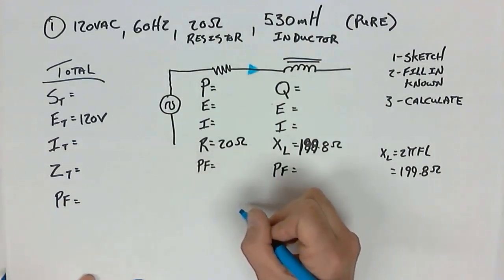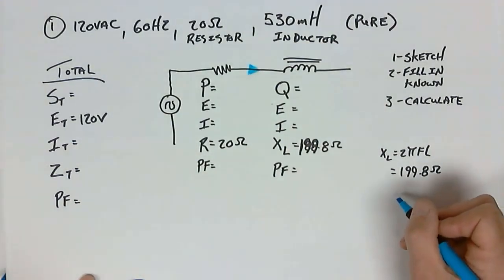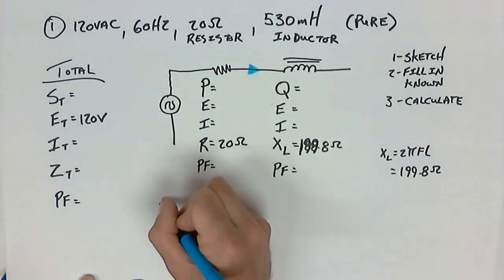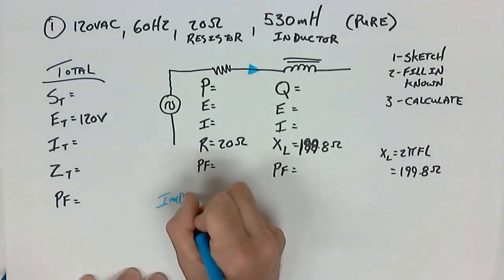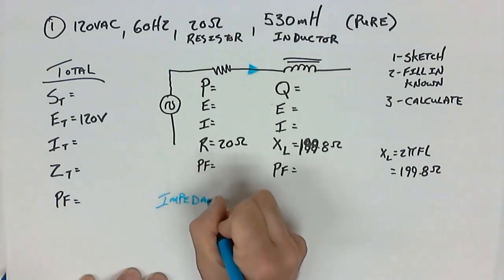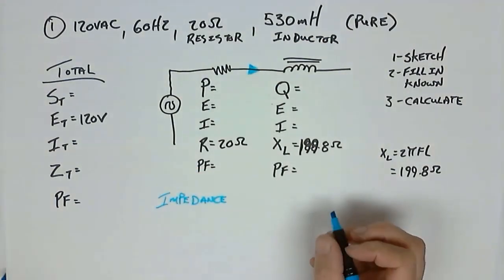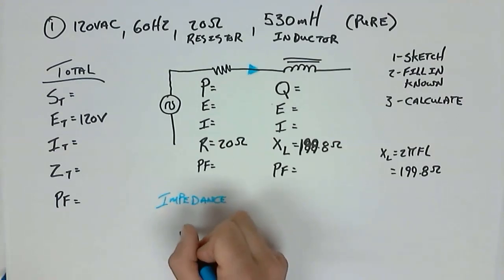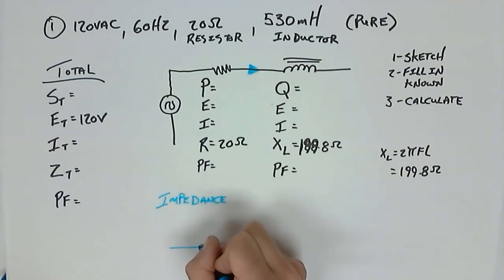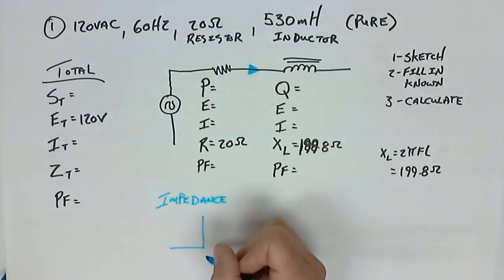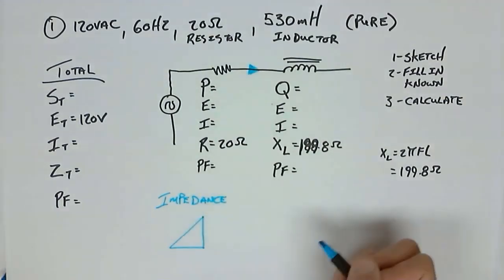I'm going to do it over here. Yeah, no, I'm going to do it right here. Impedance triangle. All right, so the impedance that we are working with, I have a horizontal and I have a vertical component. There's going to be a hypotenuse.